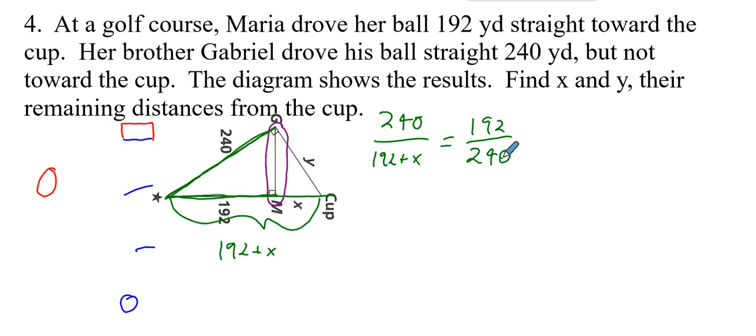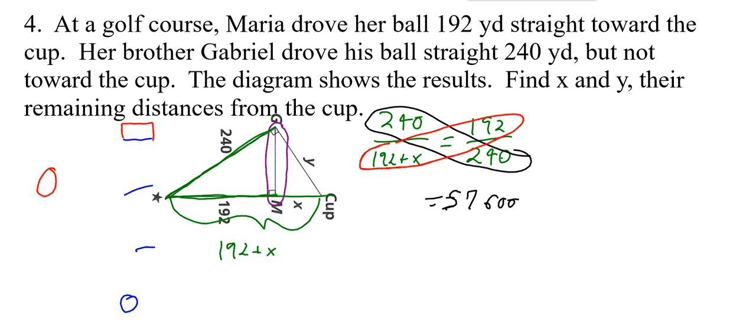Now if I cross multiply 240 times 240, I get that equal to 57,600 equals 192 times the quantity 192 plus x.